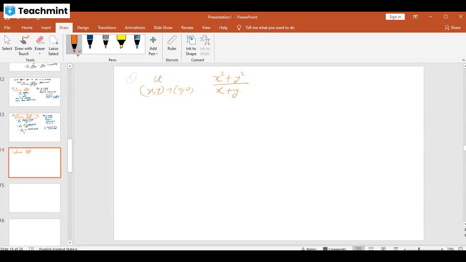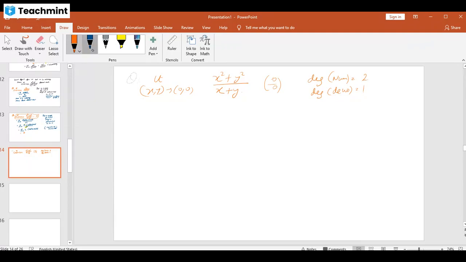Although I'm considering a positive sign here, the degree of numerator is 2 and the degree of denominator is 1. So clearly the degree of numerator is greater than the degree of the denominator.